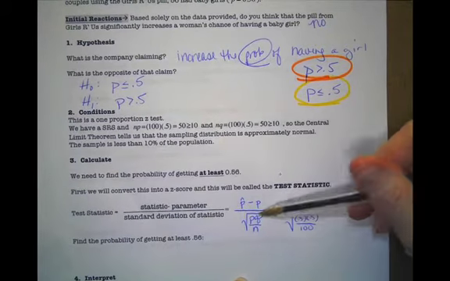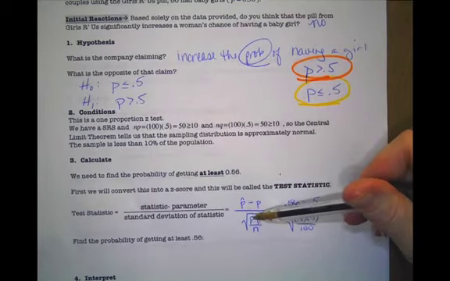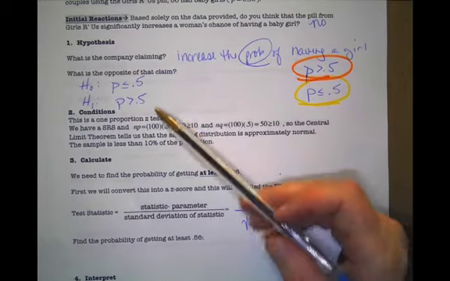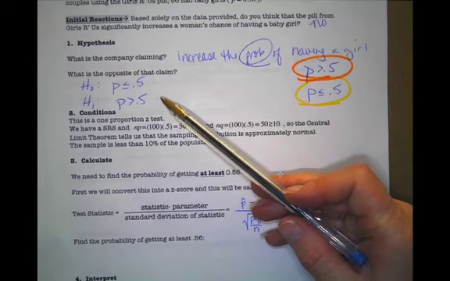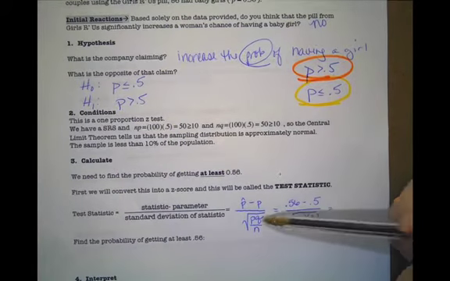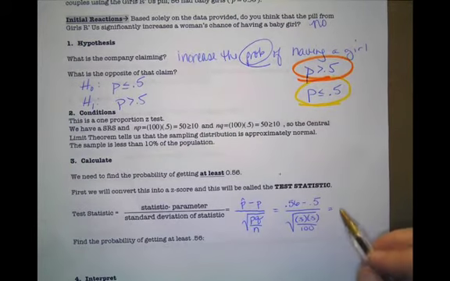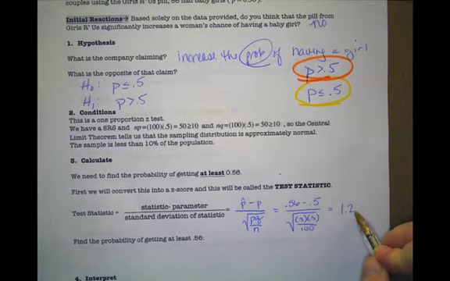I use p and q here, I don't mean p-hat and q-hat. In this scenario, I believe I know what p is equal to, so I'm going to use that. I'm not trying to estimate it here. I believe I know that it's equal to 0.5. So I do that math and get 1.2.